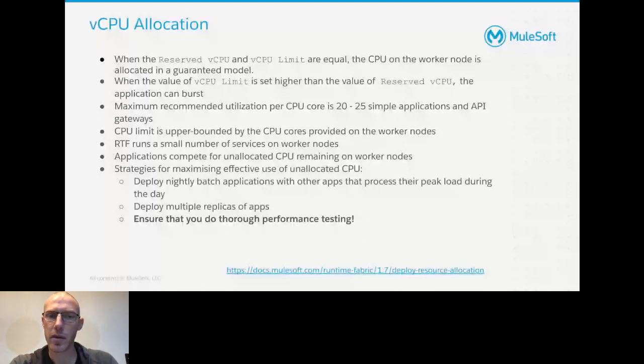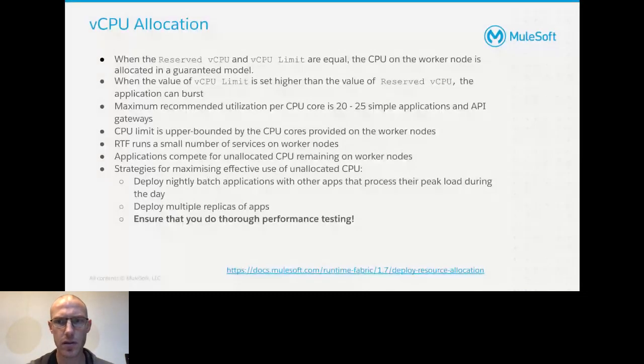Now, this is where we get into detail on why we recommend the maximum recommended utilization per CPU core is 20 to 25 simple applications or API gateways. When the applications get more complex, we do recommend allowing them more CPU capacity. It is worth mentioning that Fabric runs a small amount of services on the worker nodes.